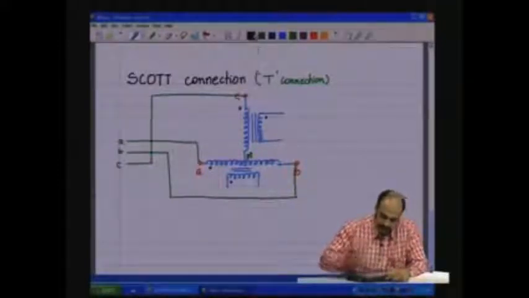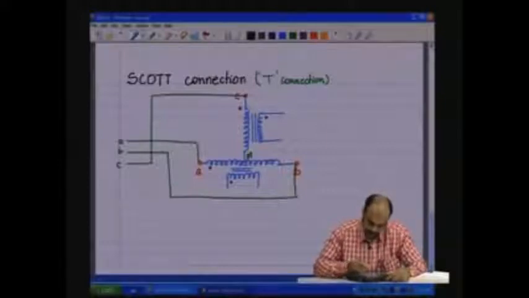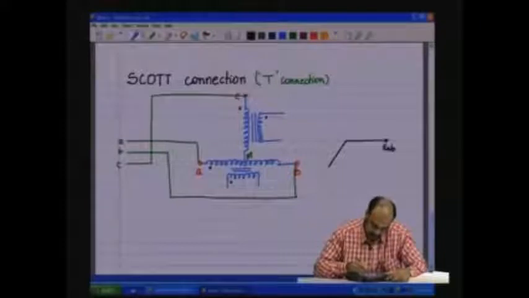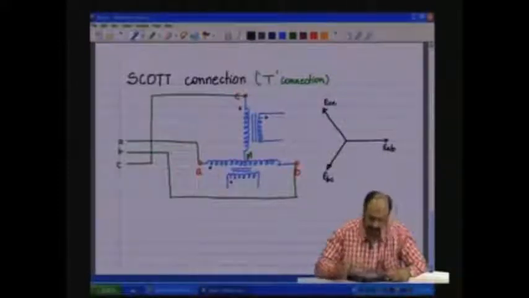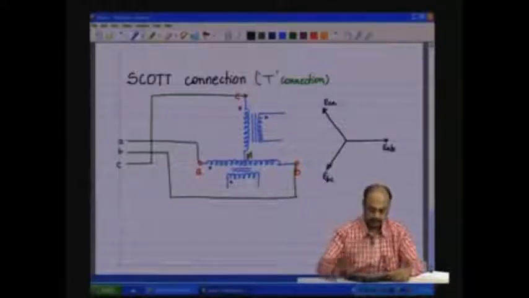Now, if we take the vector diagram EAB again, so I have EAB, EBC, ECA. This is what you get from the supply, which is the source.